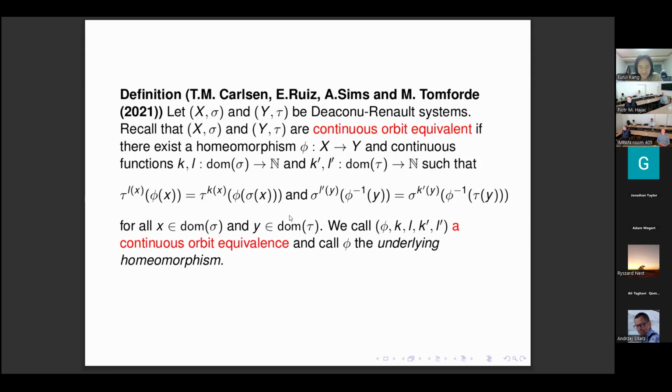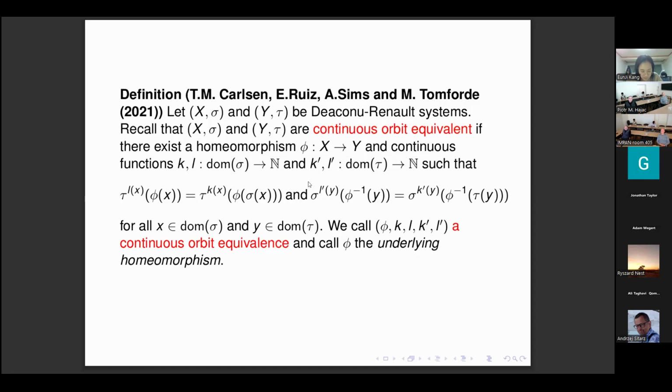And then let's consider the Deaconu-Renault system on one space X with a map sigma, and another space Y with a map tau. We say that these two systems are continuous orbit equivalent if there is a homeomorphism P from X to Y, and there are some continuous functions that help relate the action of sigma and tau.